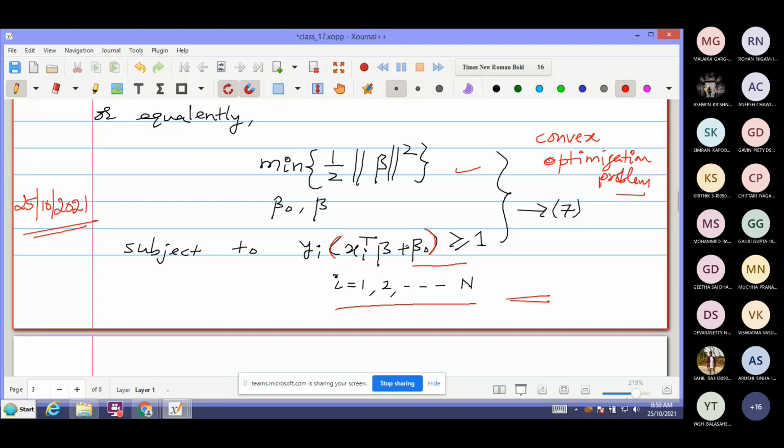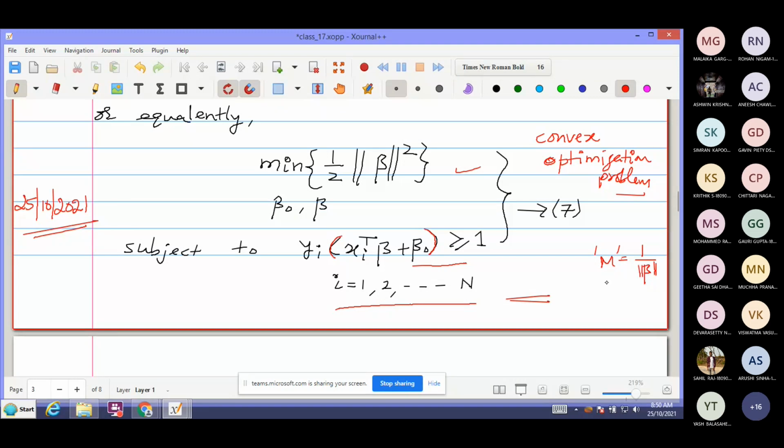Also, it is ensured that they are at least separated by a distance m from the hyperplane, where m is nothing but 1 by norm of beta.